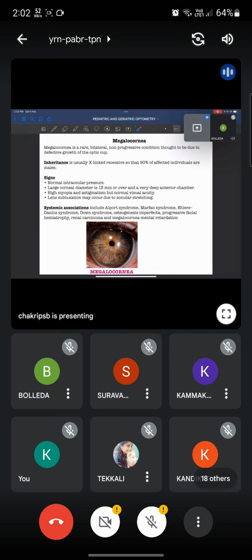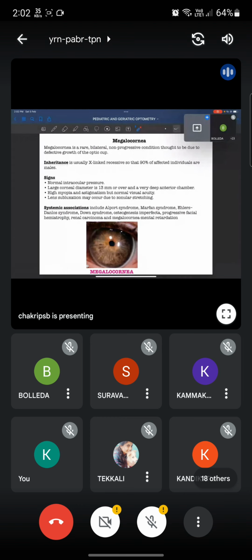deep in these megalocornea situations. They may also have high myopia, high minus power, and astigmatism, but normal visual acuity. A few times we also see ectopia lentis, lens subluxation, and zonular stretching.